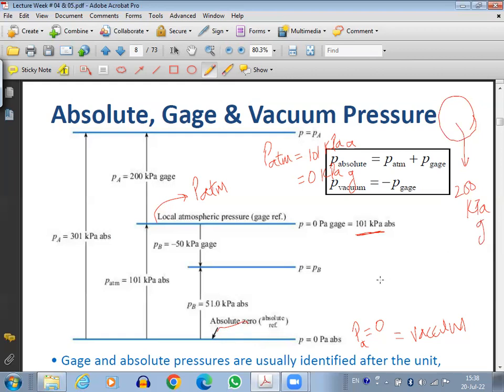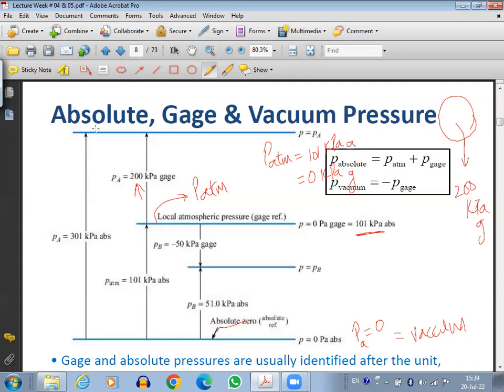If I'm saying this 200 kilopascal is gauge, that means the actual absolute pressure from the vacuum would be atmospheric pressure plus 200 kilopascal, because gauge pressure is always relative to the atmospheric pressure. Atmospheric pressure is 101 kilopascal, and the ball is 200 kilopascal higher than that, which is 200 kilopascal gauge.